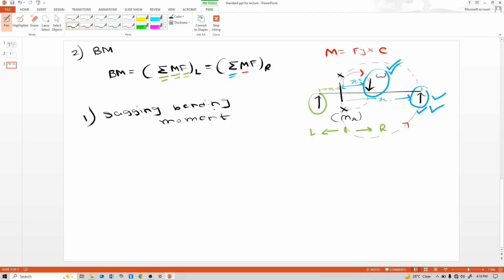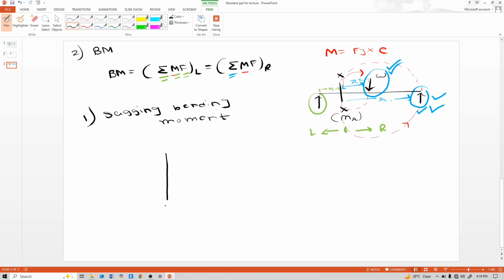See, when clockwise moment on the left of the section or anti-clockwise moment on the right of the section is considered as positive bending moment. That means upward force on either side of the section of beams tends to bend the beam so that it produces concavity above the center line is called as sagging. See, I explain you.